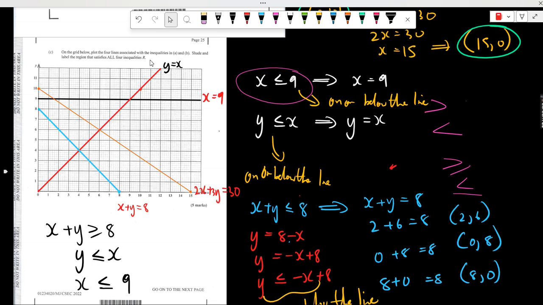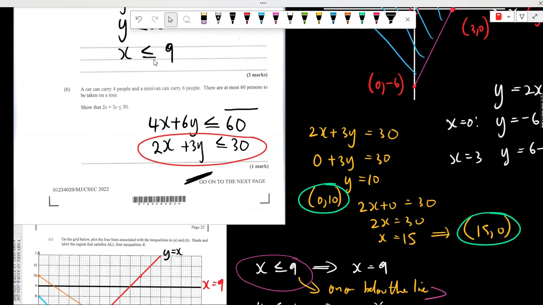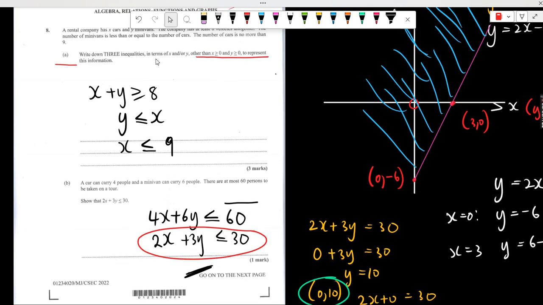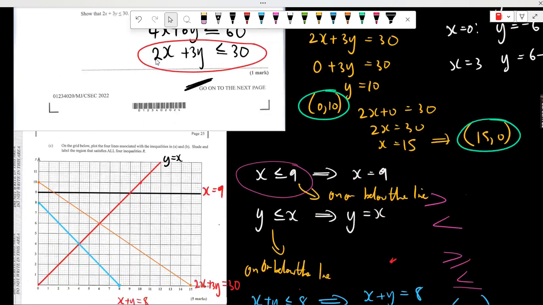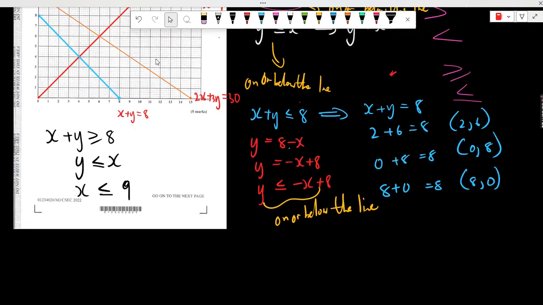All 4 inequalities involve, oh no, I lied. All right, so let's identify them once again. I made a little mistake here when I wrote down x plus y is less than or equal to 8. There should be x plus y is greater than or equal to 8.